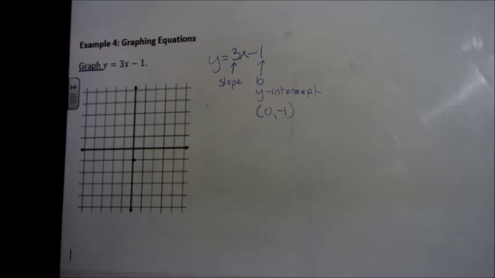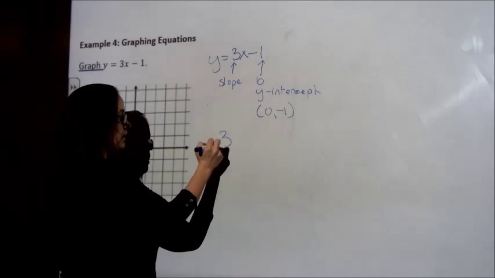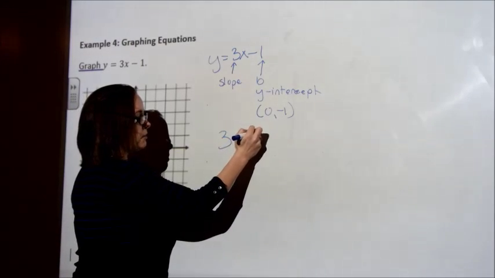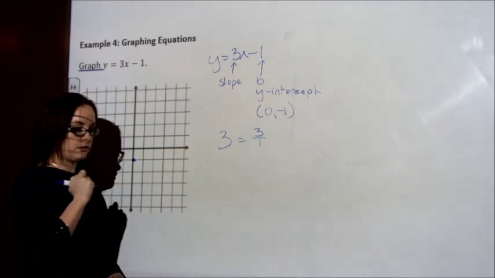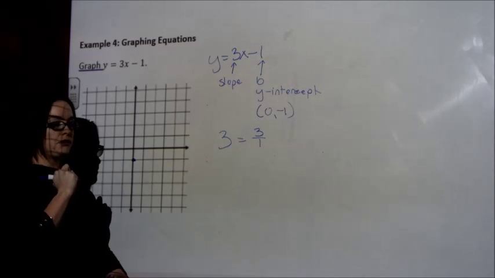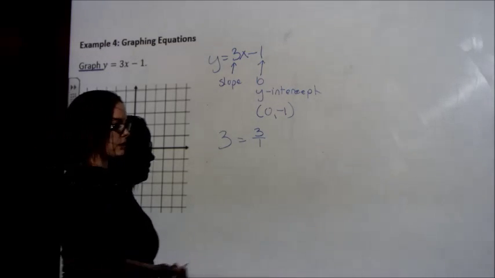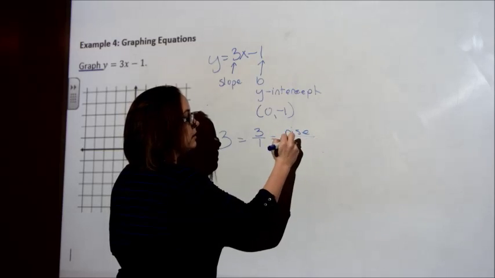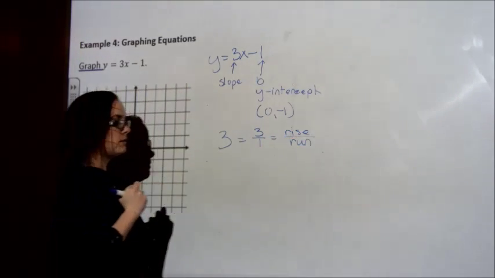And now let's find our slope. Well, we have a slope of 3, but we can go ahead and write that as a fraction. 3 also means 3 over 1. And if we remember back to our last section, we know that slope means rise over run.